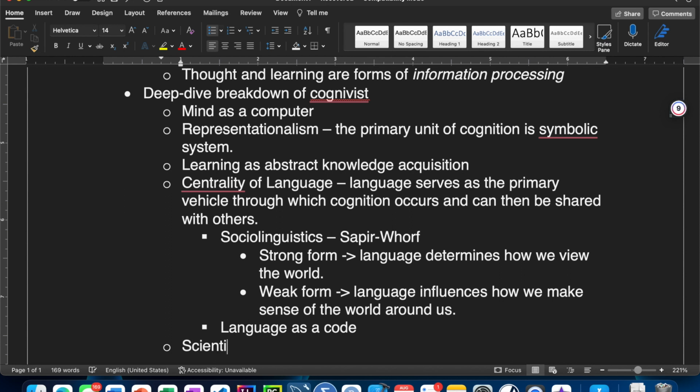One that's slightly less important to us as educators is this idea of scientism, but it does begin to explain the form that cognitivist research takes. Scientism here just means that cognitivist approaches tend to try to replicate or model themselves after the hard sciences, right?